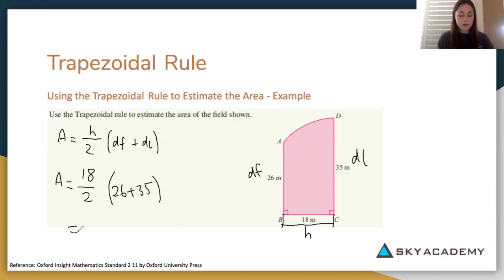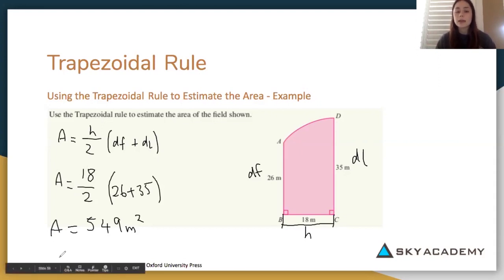So 18 on 2 times by the distance of the first plus the distance of the last gives us 549 meters squared. So the trapezoidal rule is quite easy to apply. You just have to remember the rule and then sub in what you do know and solve for what you don't know. And in this case, we didn't know the area, so that's what we were trying to find.